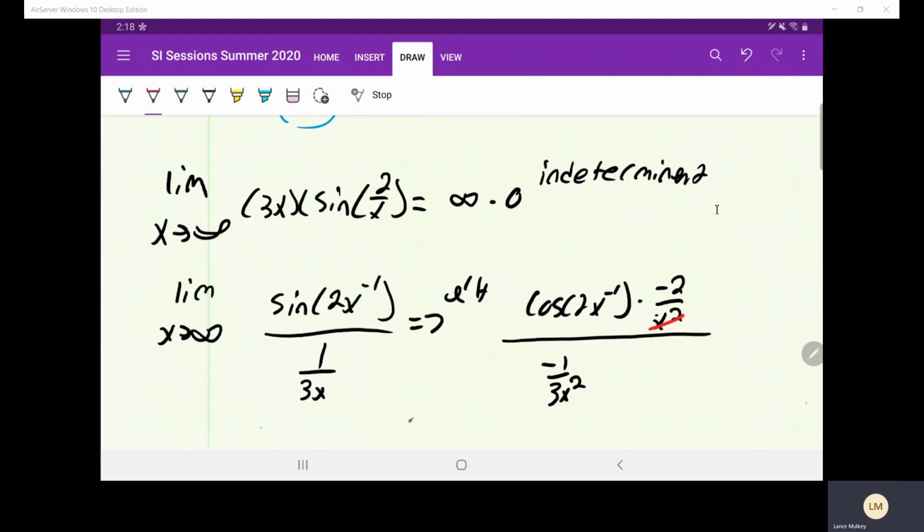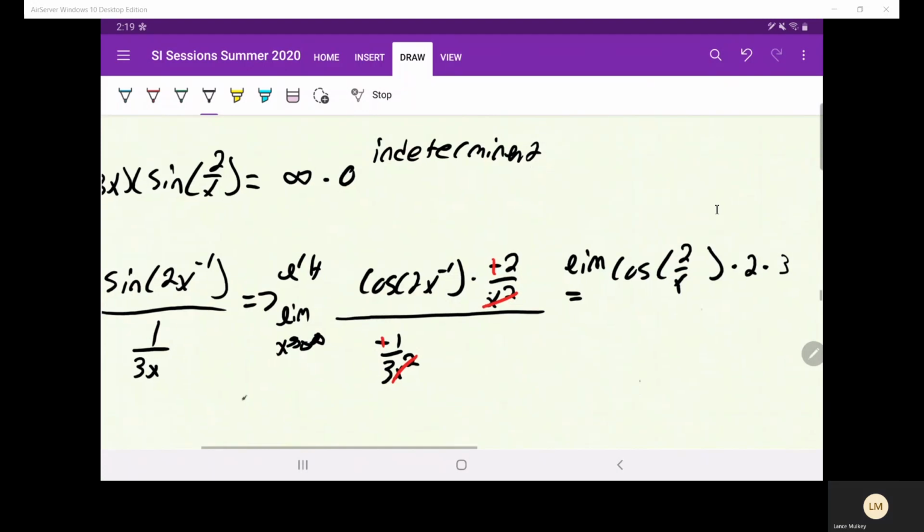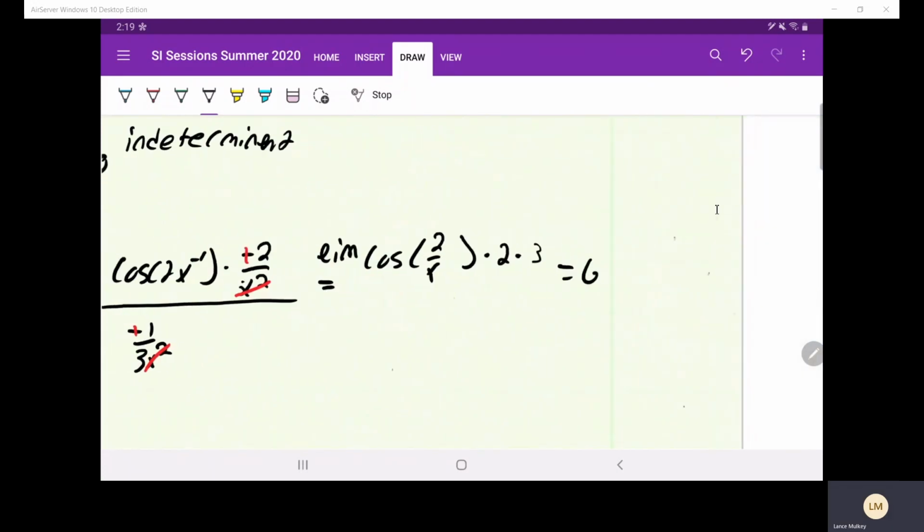Voila, the x squared cancels, negative, negative. And don't forget your limit as x approaches infinity. So that equals the limit of cosine of 2 over x times 2 times 3, which then equals 6 times cosine of 0, which equals 6 times 1, which equals 6. Voila, everything works out nice and pretty.